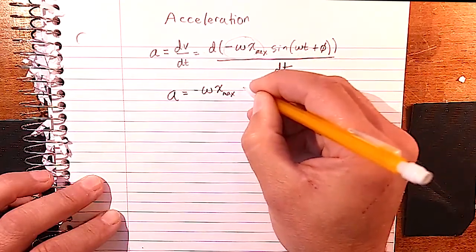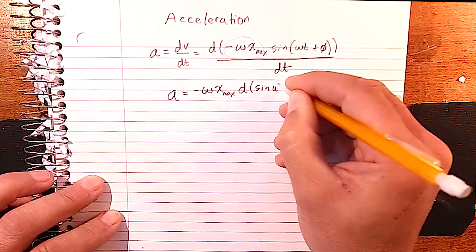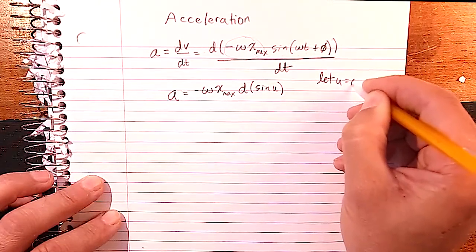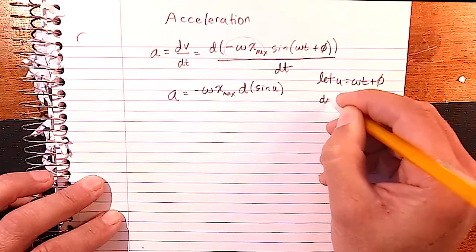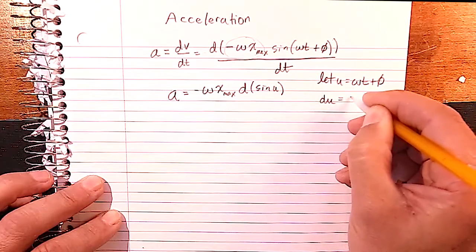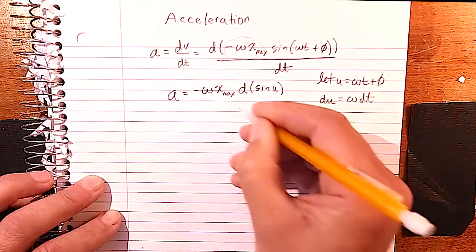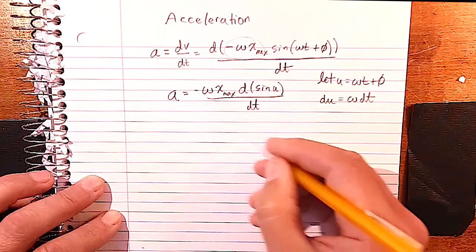That's our constant, and that's going to be the derivative of sine of u. And our u, we're going to say, is omega t plus phi. When we do the derivative of u, that's going to give us omega dt. So now, whoops, I left out the dt. Now we can sub in.